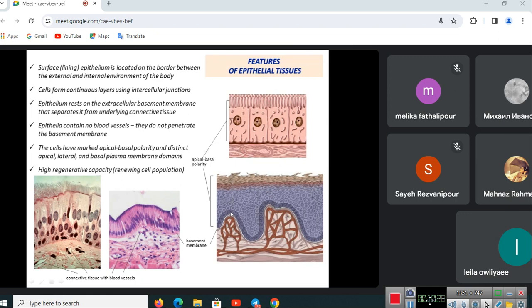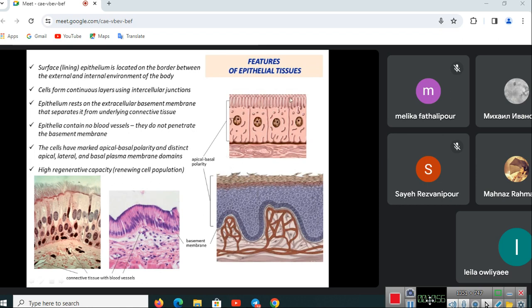In the basal layer, we will always have stem cells, which divide and make new cells. Then when we go upwards, we will see the mature cells, then aging and dying cells. Here you can see the so-called desquamation of the dead surface cells from the surface of the stratified epithelium.